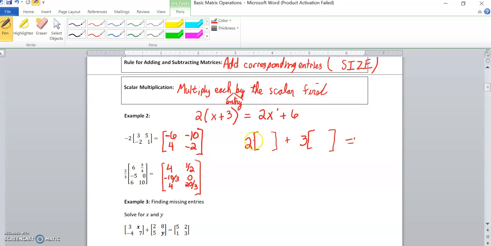The idea is take 2 times your matrix, get a resulting matrix with your 2 distributed inside, and then distribute that 3. Now take matrix A and add it to matrix B.